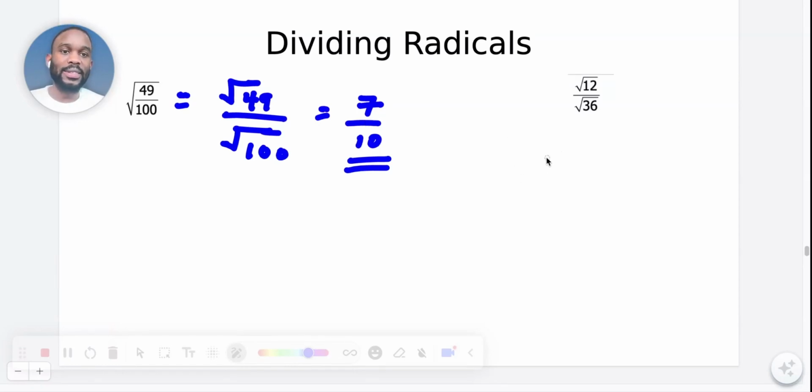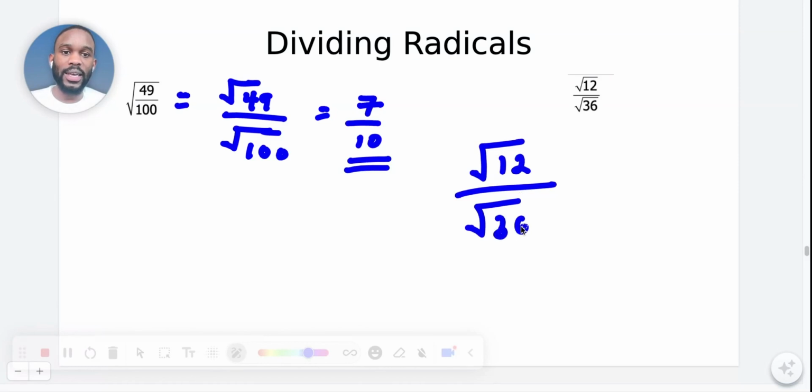And then sometimes you will have to simplify the radical. This is what I mean. If you look at example 2, they're giving you root 12 divided by the root of 36. Now, the root of 36 is a perfect square, so we know the root of 36 is already 6.